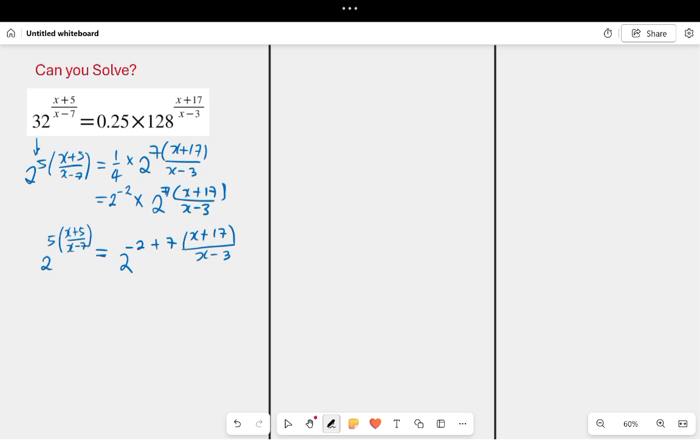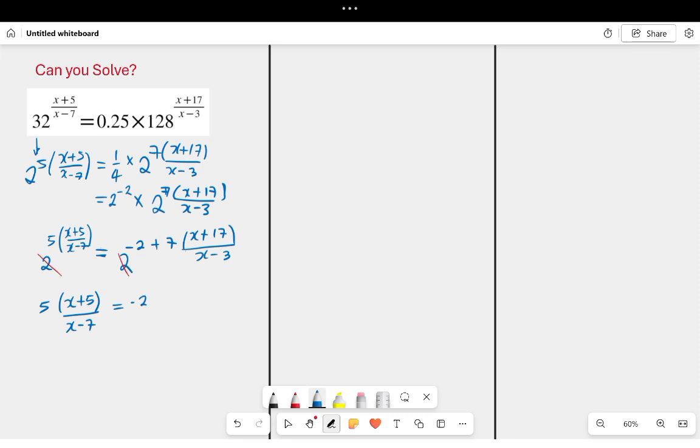Now, because the bases are the same in both cases, we are going to cancel out these bases. Hence, we are going to be left with 5 into brackets x plus 5 divided by x minus 7, which is equal to negative 2 plus 7 into brackets x plus 17 divided by x minus 3.